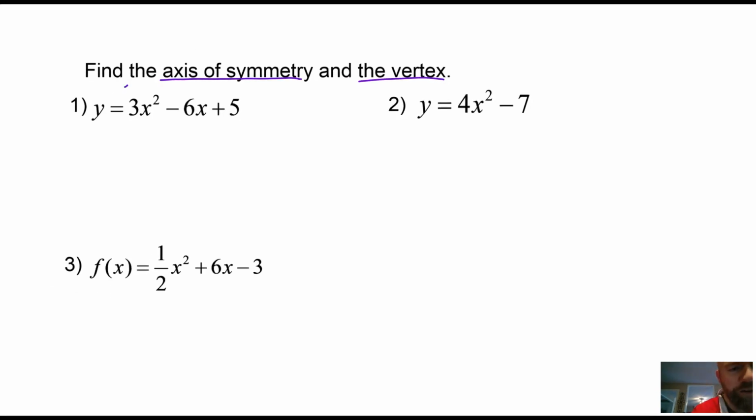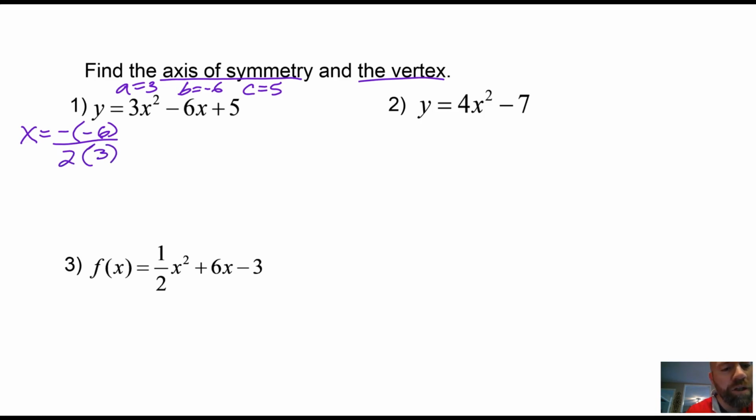In this quadratic function, a is equal to 3, b is equal to negative 6, and c is equal to 5. So the axis of symmetry is located at x equals negative b over 2a.